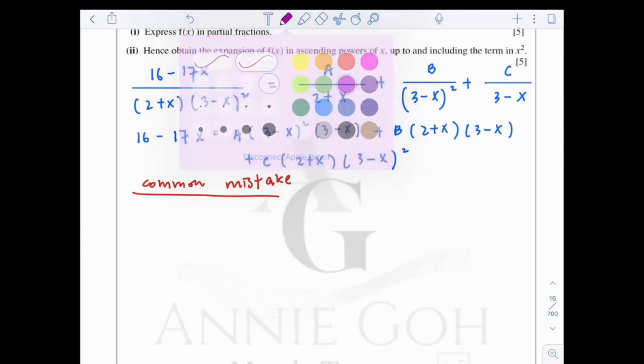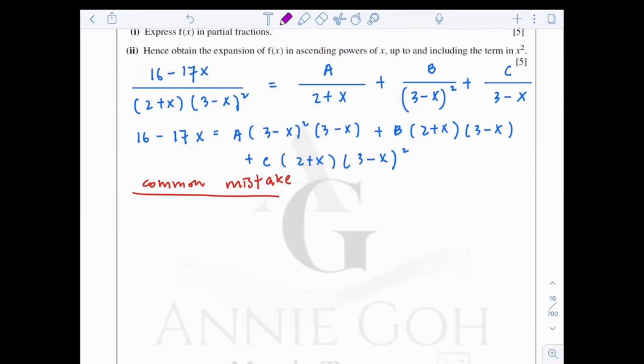I'll change the color. The actual way is to combine it into a single fraction like type 1, which is 2 plus x and 3 minus x squared as the denominator. And for the upper part, what should we multiply for the A? Have a look at A's fraction. It's A over 2 plus x.